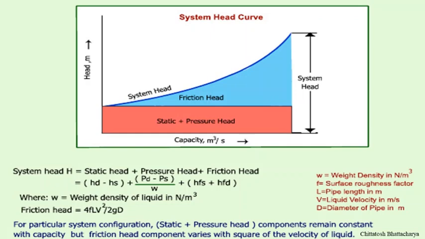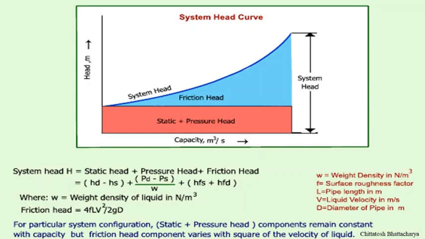But it has to be remembered that static and pressure head, they together remain constant with capacity utilization, but the friction head component varies with the square of the velocity of the liquid in the flow passages. So the more the flow, the more the friction head, and that will create more head requirement for delivery of liquid at a desired capacity.